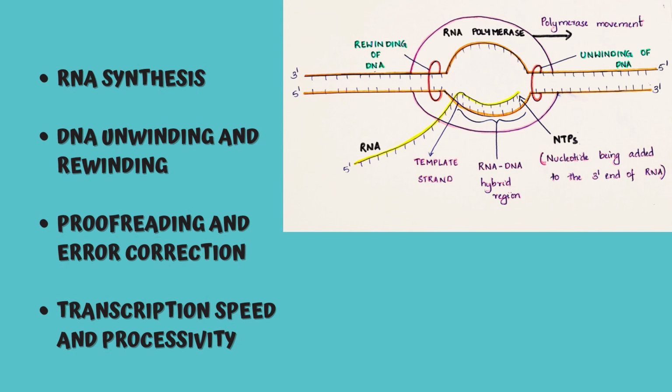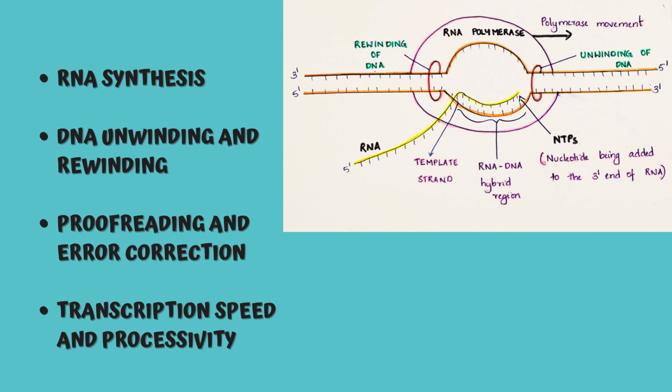DNA unwinding and rewinding. As the RNA polymerase moves along the DNA template, it unwinds the DNA ahead of the transcription bubble and rewinds the DNA behind it. So the unwinding allows the RNA polymerase to synthesize RNA and the rewinding restores the DNA double helix structure.